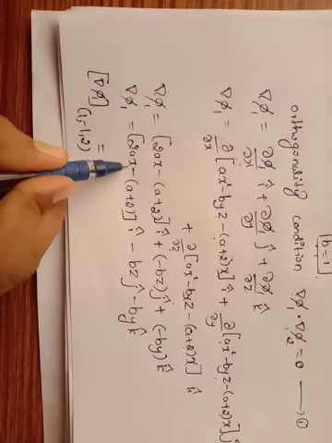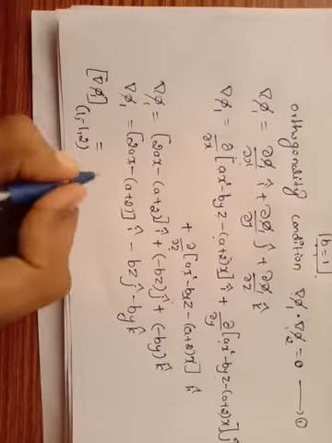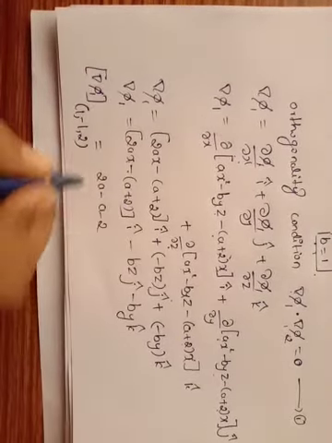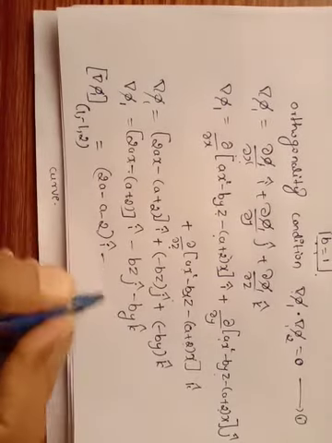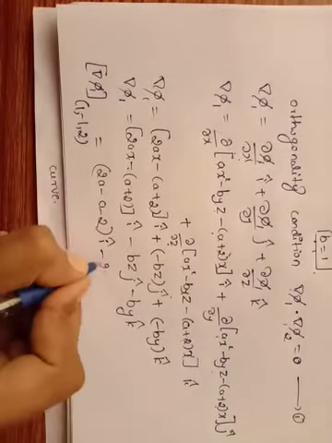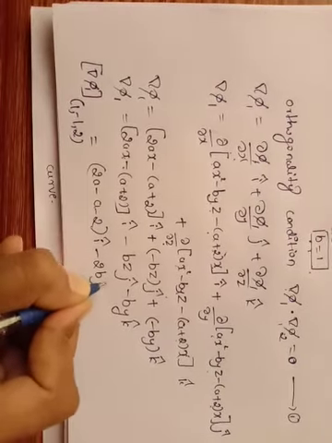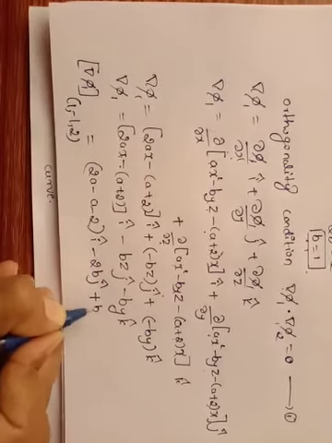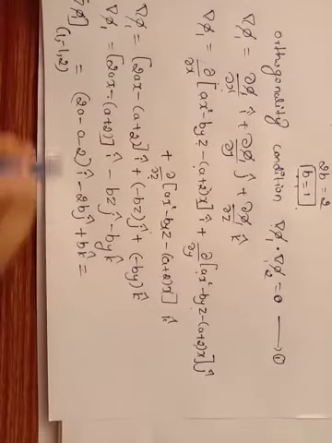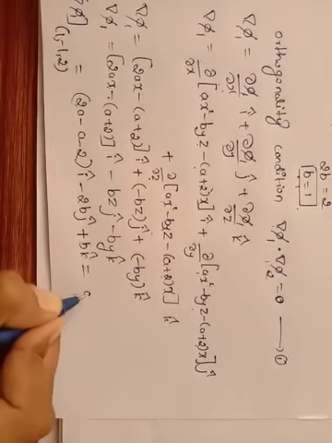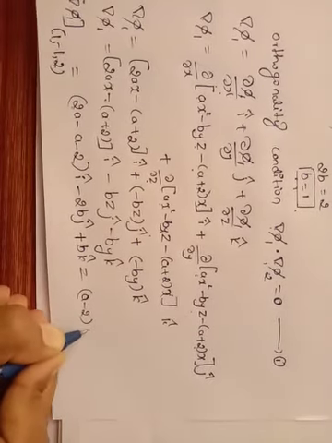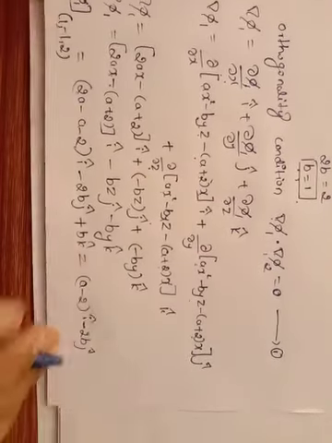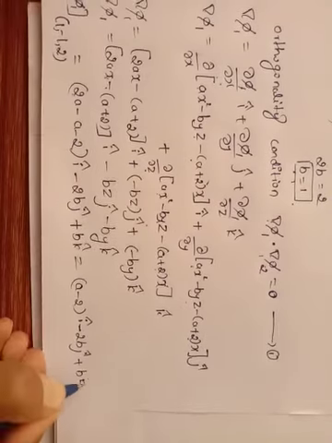So x is 1: 2a into 1, 2a minus (a plus 2), into vector i, minus z value 2, so minus 2b into j, minus y value minus 1, minus into minus gives plus b, into k. Rearranging the terms: (2a minus a minus 2) i minus 2b j plus b into vector k.